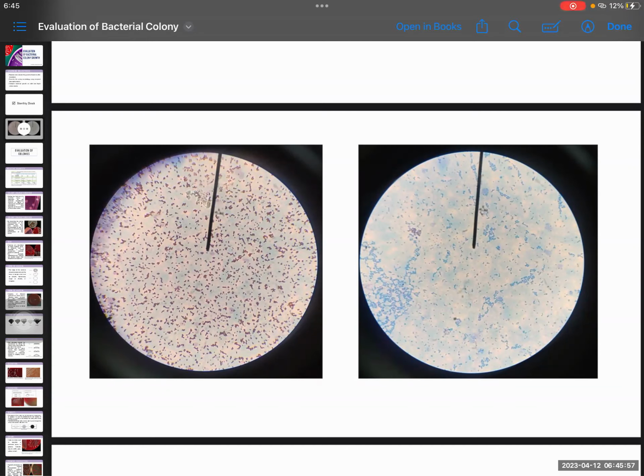Although there are some instances wherein the patient is harboring two organisms, that is usually more common on blood samples, and the machine can actually detect that.